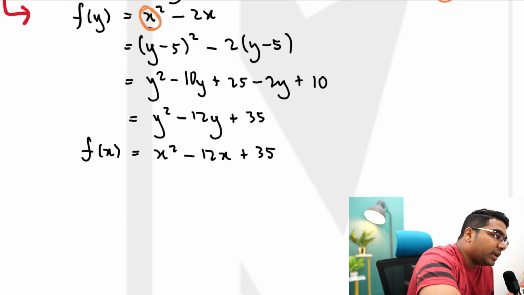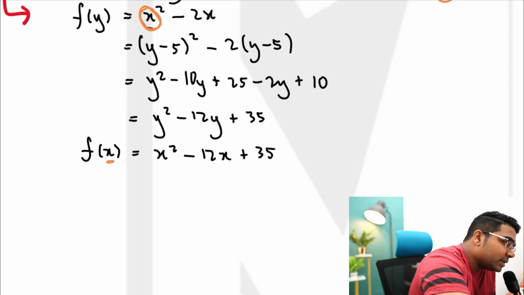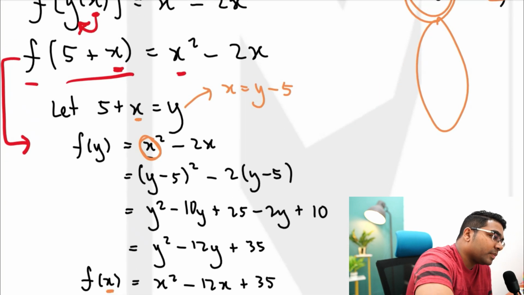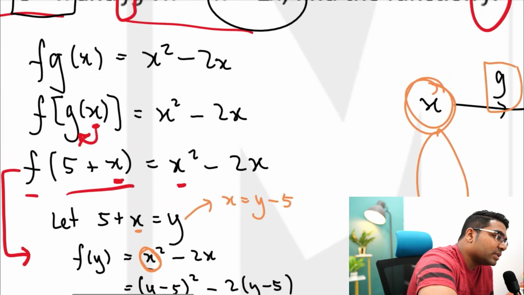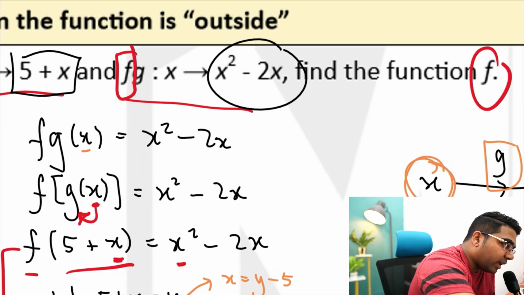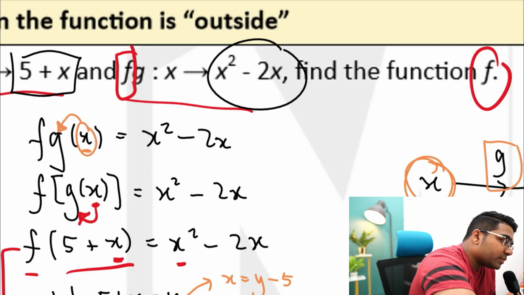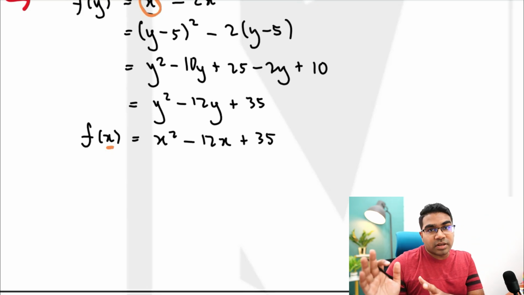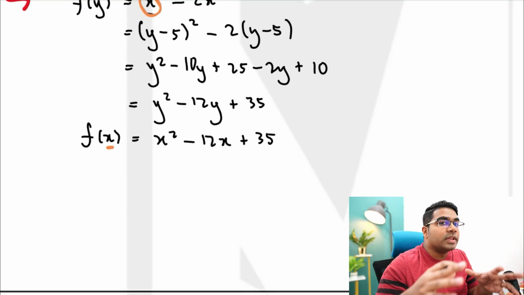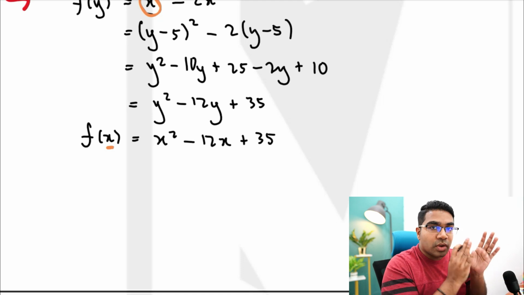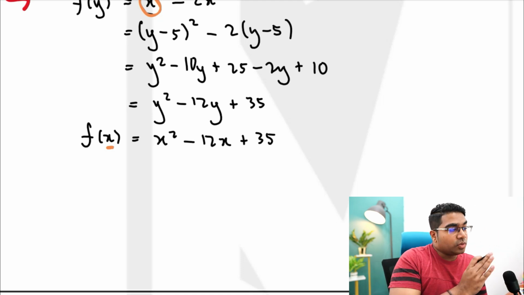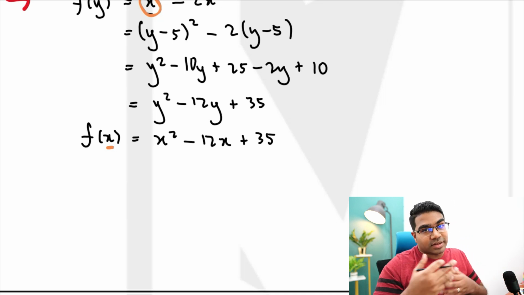Note that this x is not the same as this x. This x is the domain of g, whereas now we are defining f as a separate function, no longer as part of the composite function. So on its own, the function f would map x, object x, to x squared minus 12x plus 35.